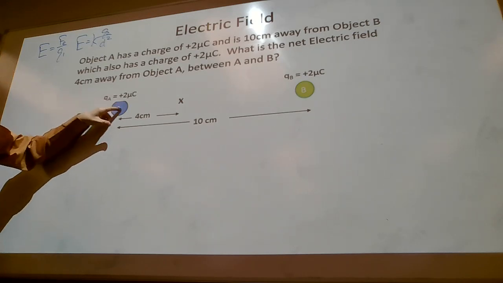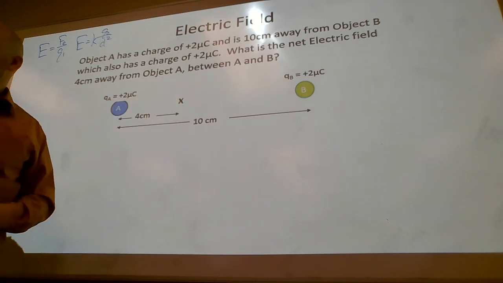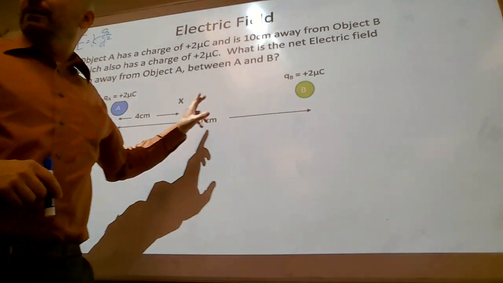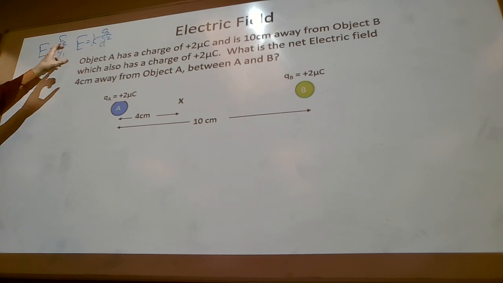A is creating its own electric field here. B is creating its own electric field here. What I want to know is the total electric field. Before we dive into this, I need to figure out which of these two equations, or both, I'm going to use.